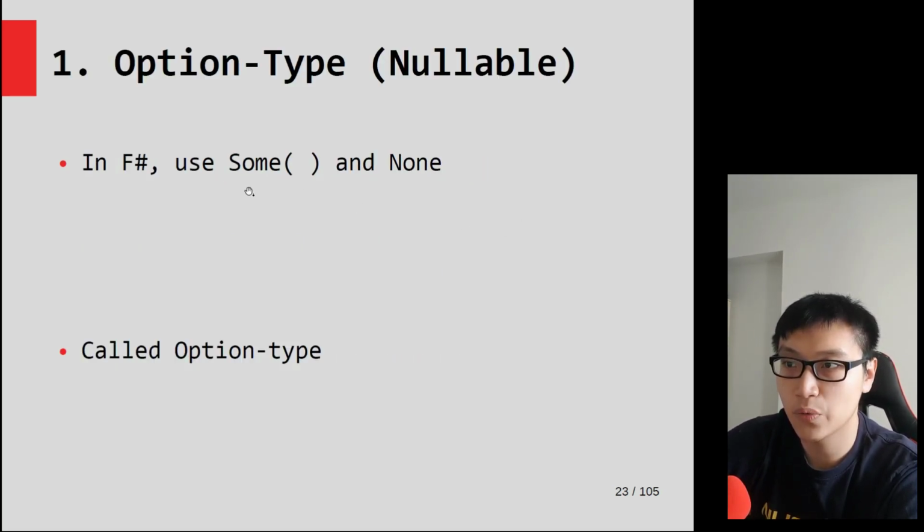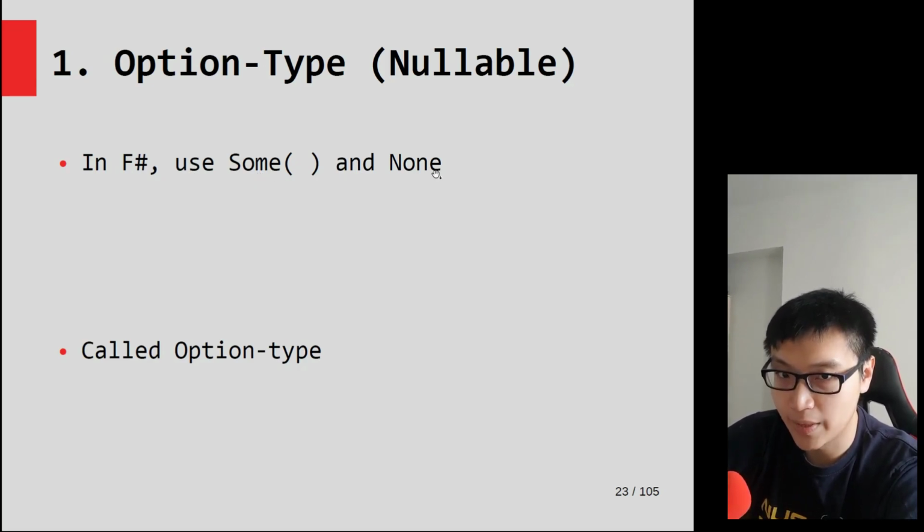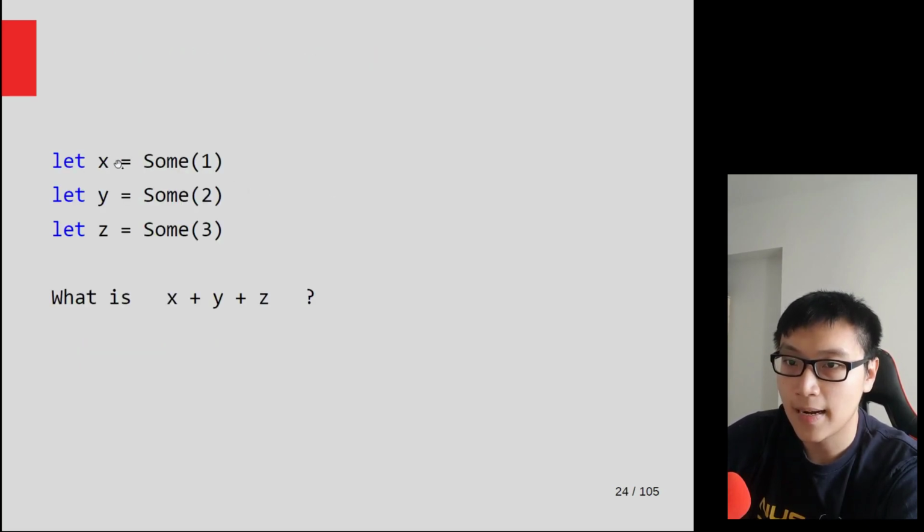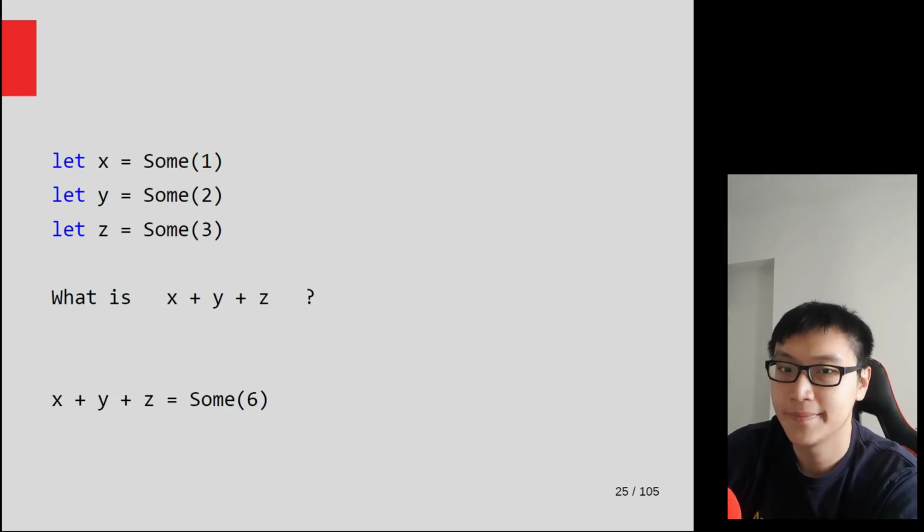In F#, how do we handle potentially missing data? We use the option type, which is either some or none. We'll do an illustration. Let's say that x, y, z is 1, 2, 3. What is the value of x plus y plus z? Of course, it's 6.